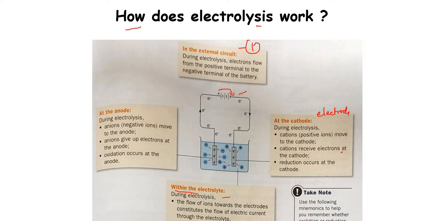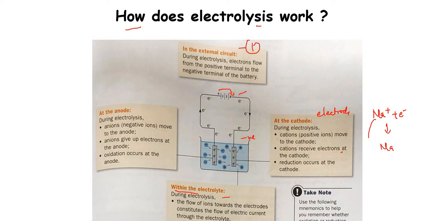Now at the cathode, what happens? The cathode, as we discussed, is the negative electrode. Because it has extra electrons, it will pull the cations. The cation, suppose the sodium ion, has a positive charge, so it has a deficiency of electrons. It will take electrons from the cathode and discharge, forming sodium metal itself.